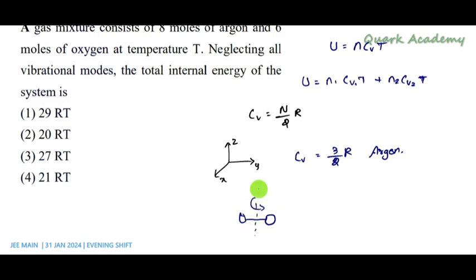It can rotate about this axis, or you can consider one axis is passing through this, so it can rotate about this axis also. So it has 2 rotational degrees of freedom. Overall, it has 5 degrees of freedom. So the CV value for oxygen is 5 by 2 R. This is for O2. Now we can find the total internal energy.